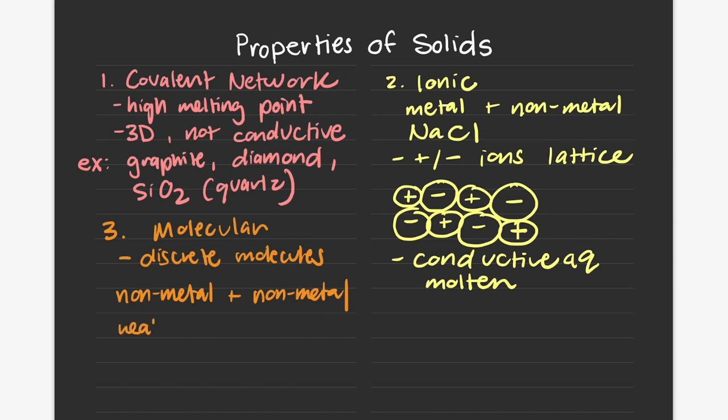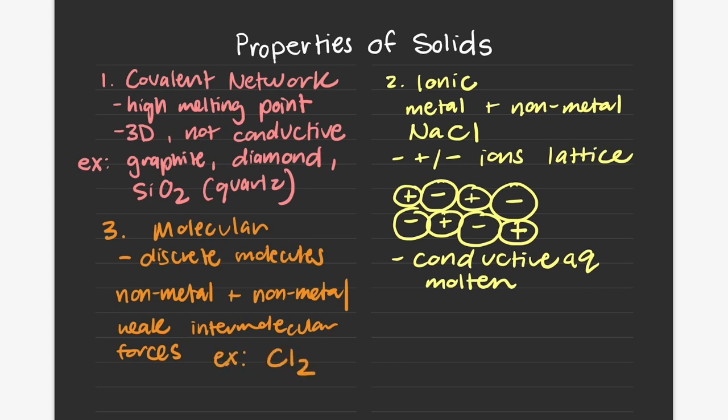These have really weak intermolecular forces. So they have really low boiling points, especially compared to covalent network solids. And an example of a molecular compound, molecular solid, would be chlorine.